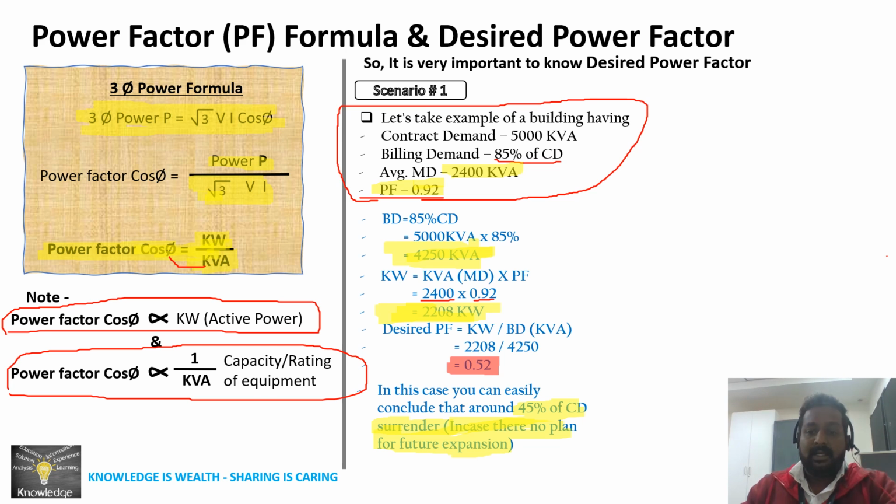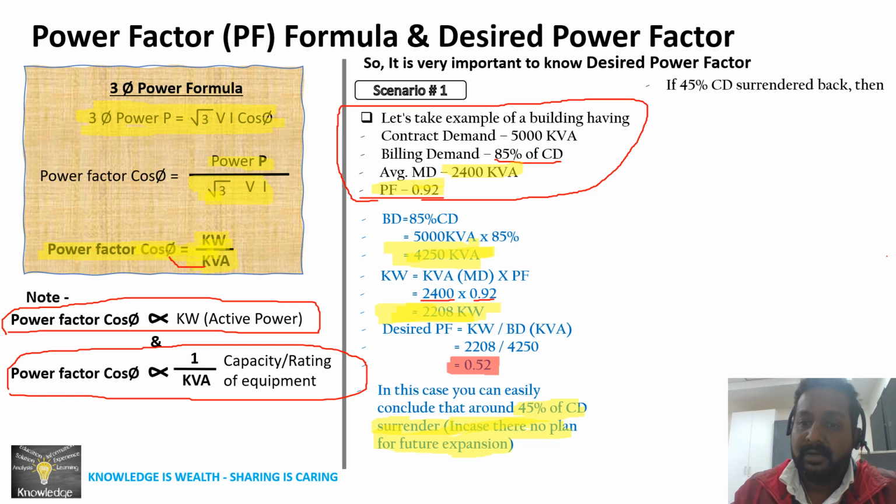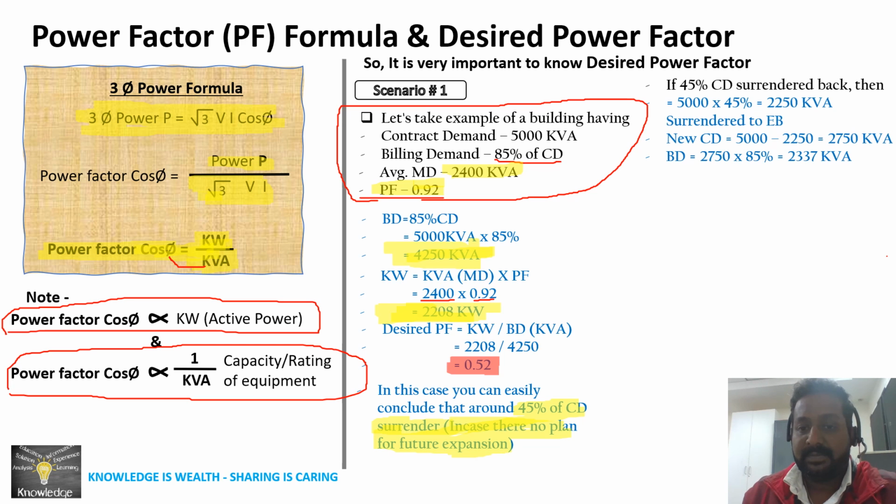Okay, let's move on to the further calculation. Let's say we surrender 45% of our contract demand back to EB. So let's derive how the calculation goes. 5000 kVA was the earlier contract demand. 45% of 5000 kVA is 2250 kVA that we surrender back to EB.